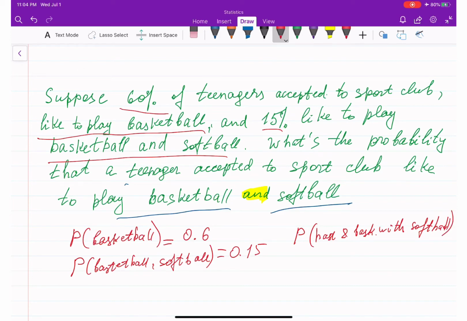Okay, and that is equal 0.6 times 0.15. So 6 times 15, 6 times 5, 30, 90. So 1, 2, 3, 0.09, which is equal 9%.